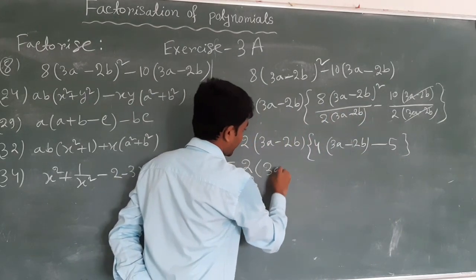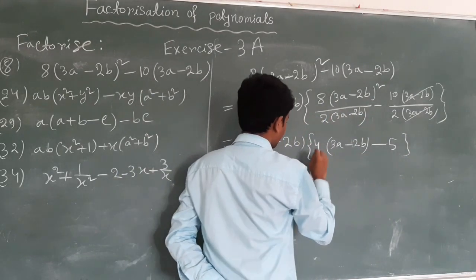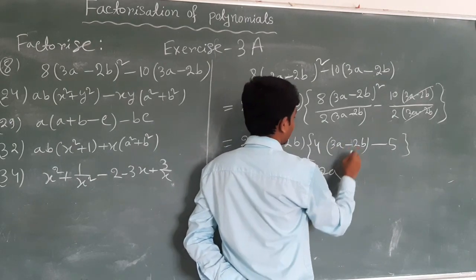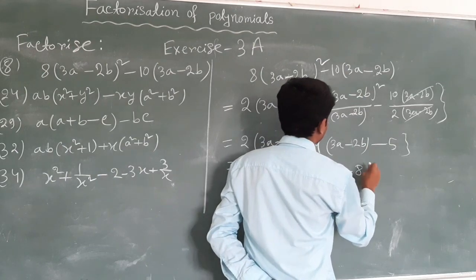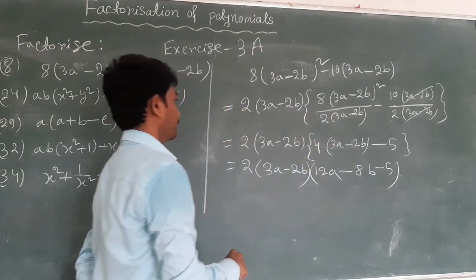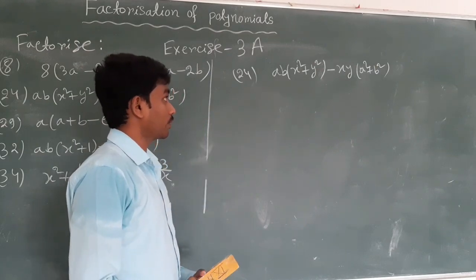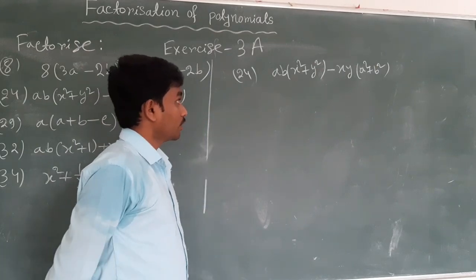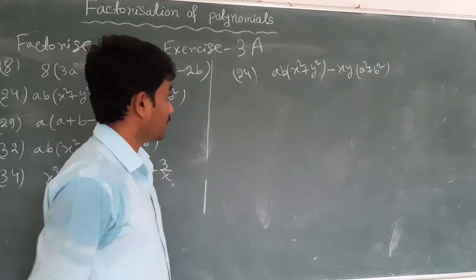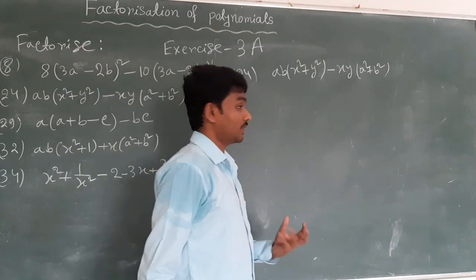This can be written as 4 into (3a minus 2b) minus 5.